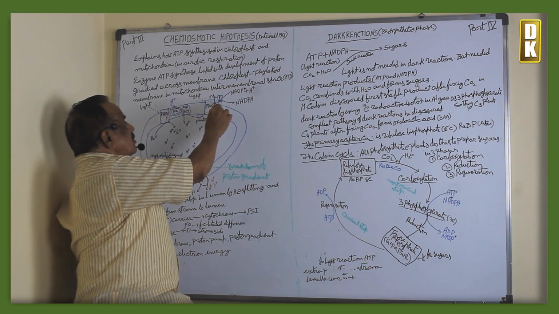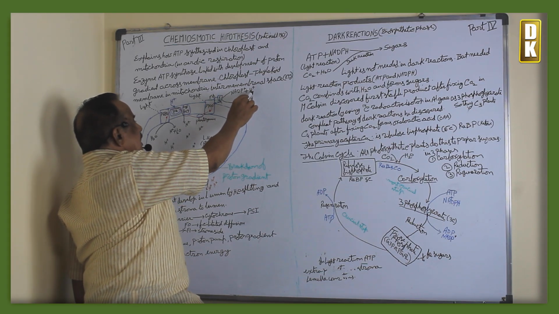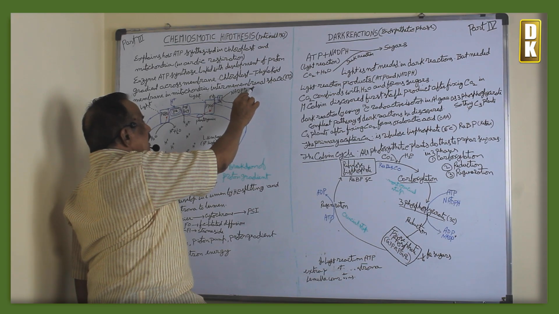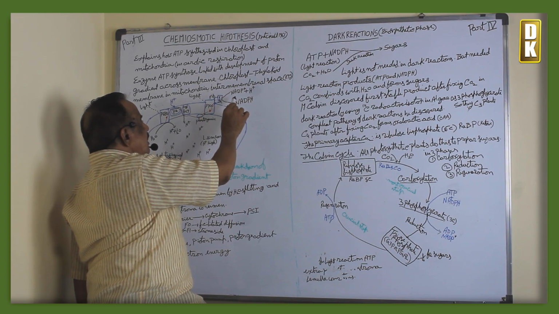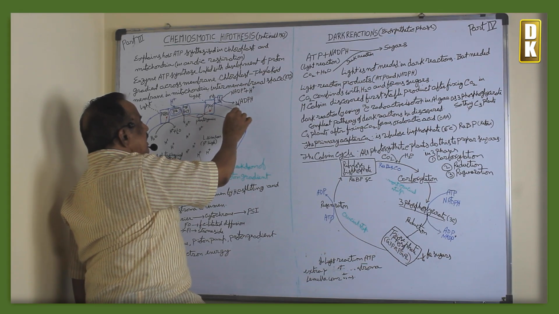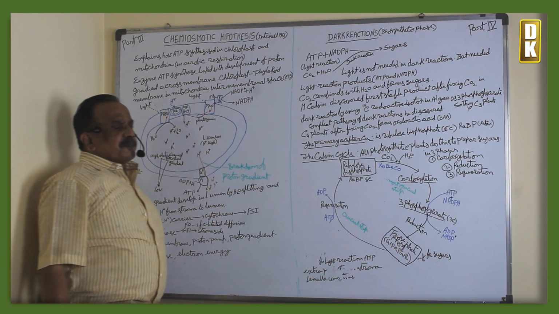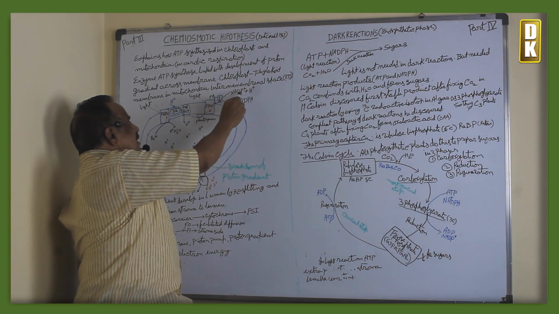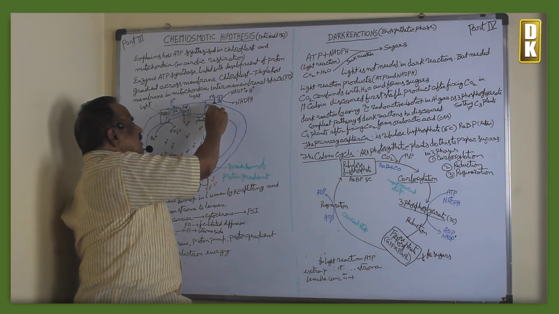The stroma will provide one proton here. This electron will come, the proton will become hydrogen, and it will be added to the NADP and it will become NADPH. So who is preparing NADPH? Photosystem 1 is converting NADP to NADPH by taking the electron.